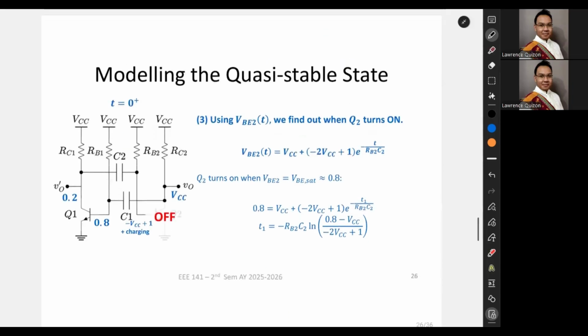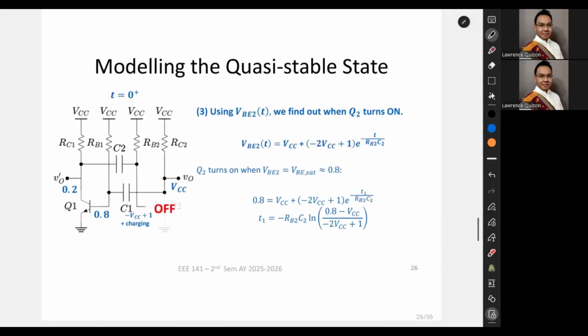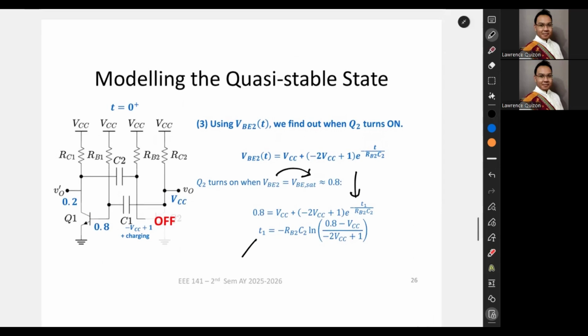Next. All right, using VBE2 of t, we find out when does Q2 actually turn back on again, like it was before t equals 0. So, for Q2 to turn on, VBE2 must eventually reach VBE sat, right? So then, okay, 0.8 has to be equal to VBE2 of t. And that t turns out to be this expression, which has an ln, okay?